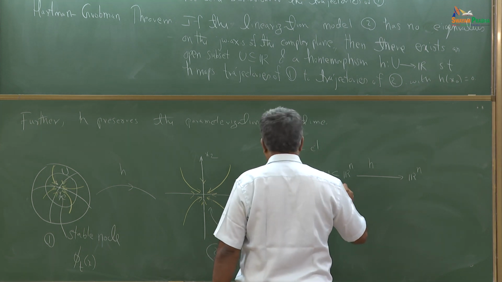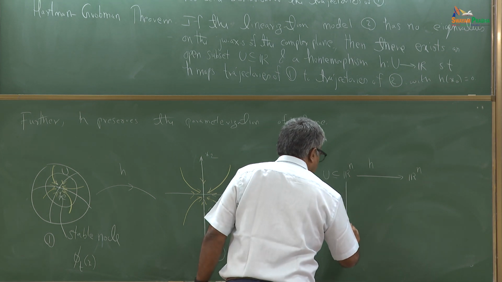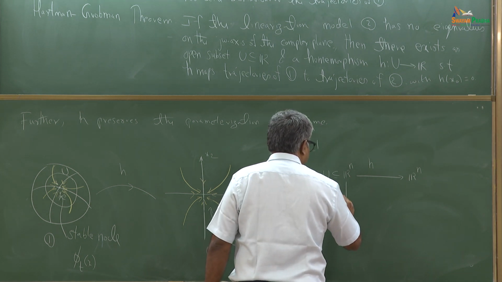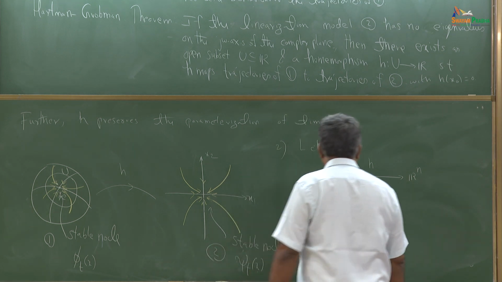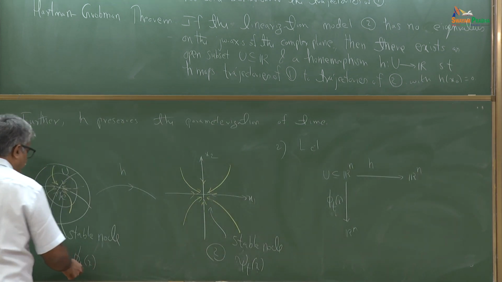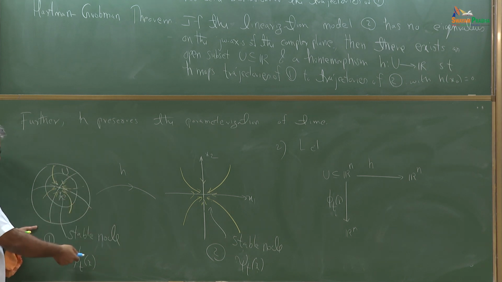From here to Rn, you go via this flow, right? On this nonlinear system, you have the flow. How do you go from one point to another point? Using this flow, right? You take a point x and fix some t, right? You want to know where it goes in, say, 10 seconds. You just operate this on that, right?